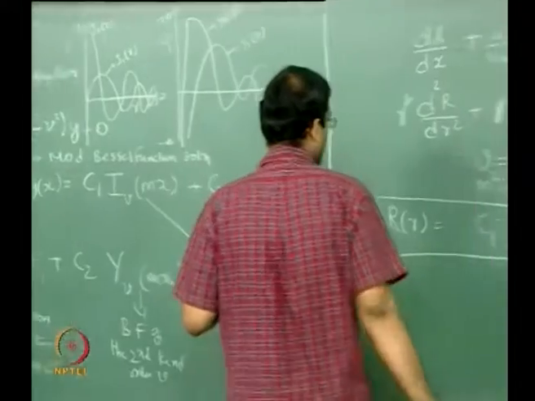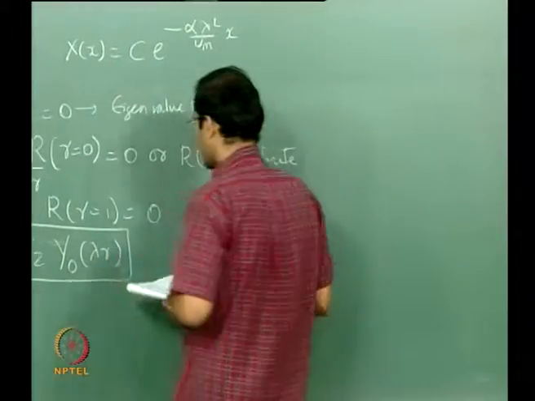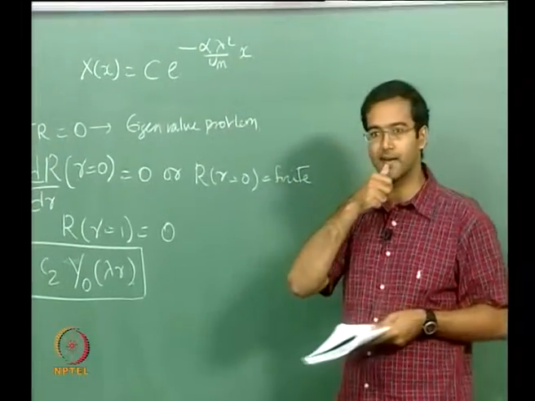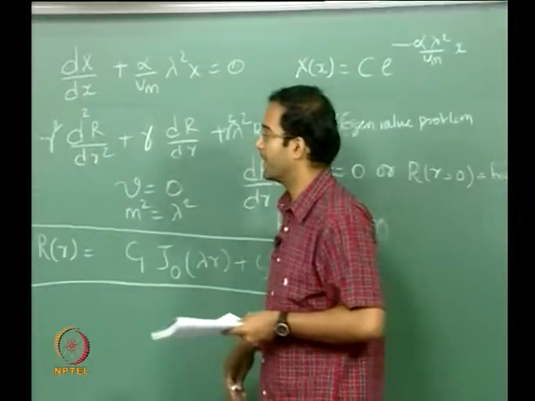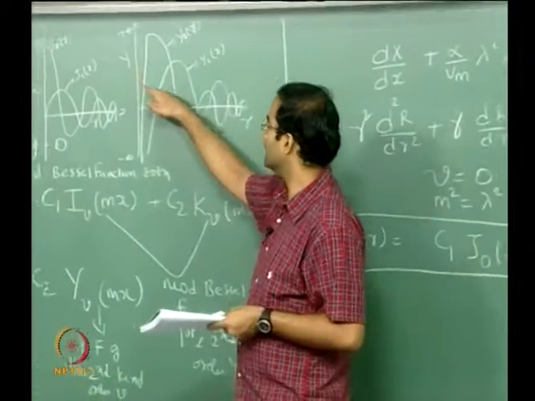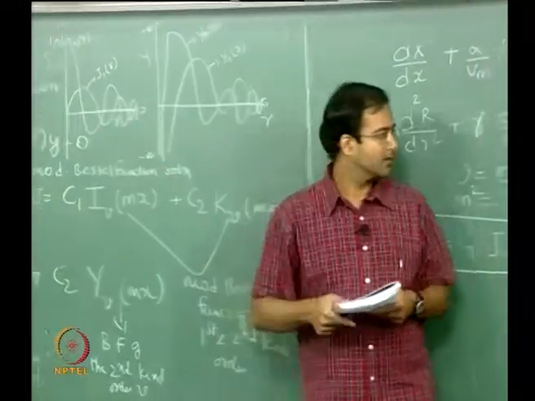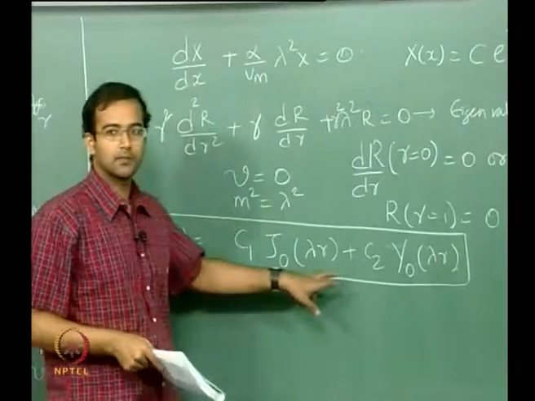Now coming back to this particular eigenvalue problem, at R equal to 0, if capital R has to be finite, you can see that at R equal to 0 my Bessel function of the second kind goes to infinity. Therefore, in order to make my capital R finite, C2 has to be 0.